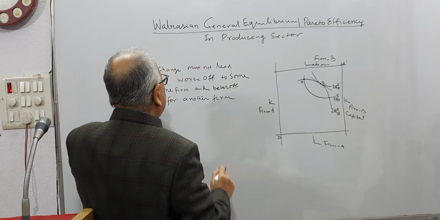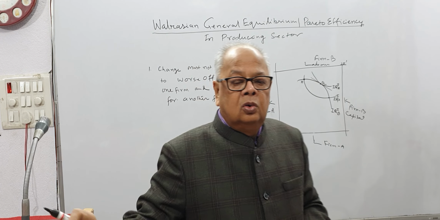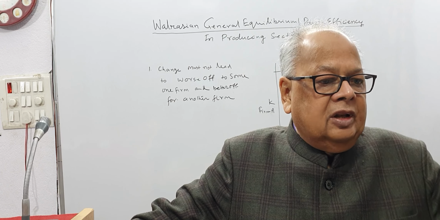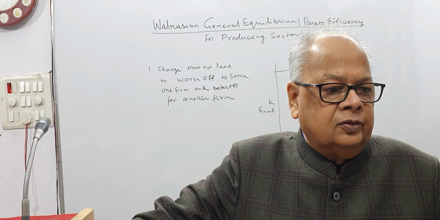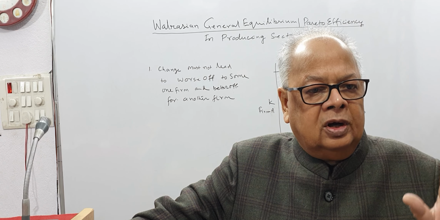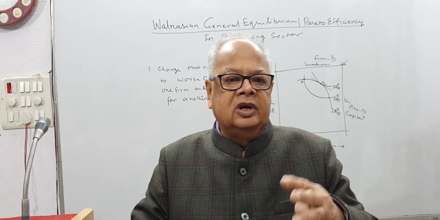Change must not lead to worse off someone, and someone who remains there will be better off. Two situations, both are on one indifference curve where Pareto optimum conditions are satisfied.